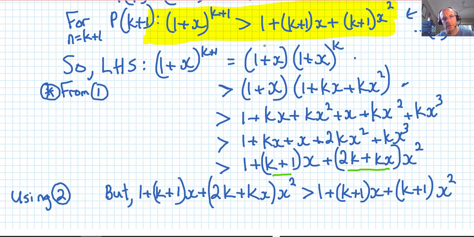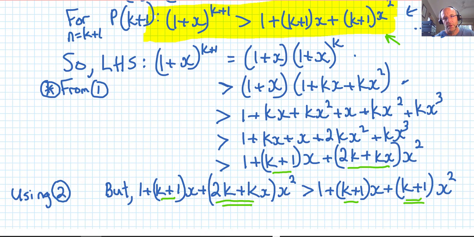So using statement number 2, which was for when n equals k plus 1, we see that same term here compared to the term at the beginning of the inductive step. If you see the matching green sections there, it's clearly the case that the term on the left of the inequality is greater than the term on the right, because everything else is identical except for this part here. And for the possible values for k and x, we have an important discovery.